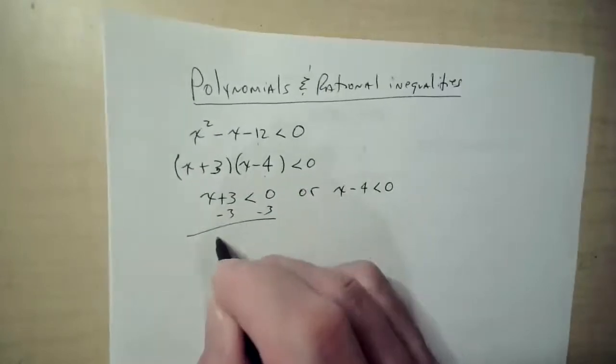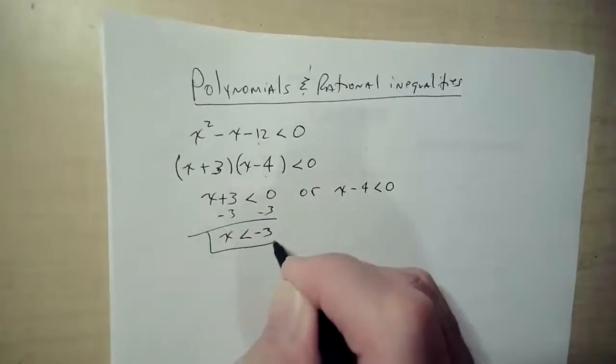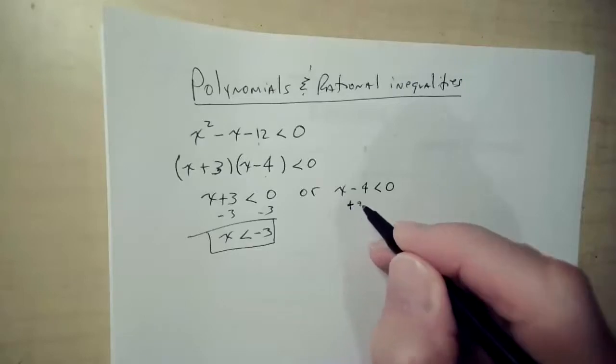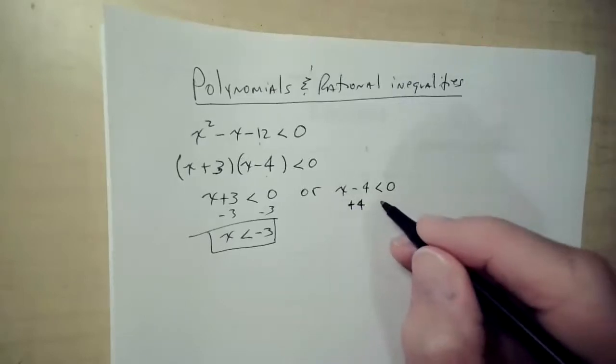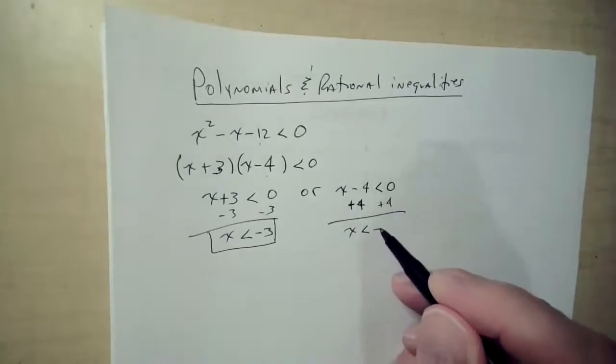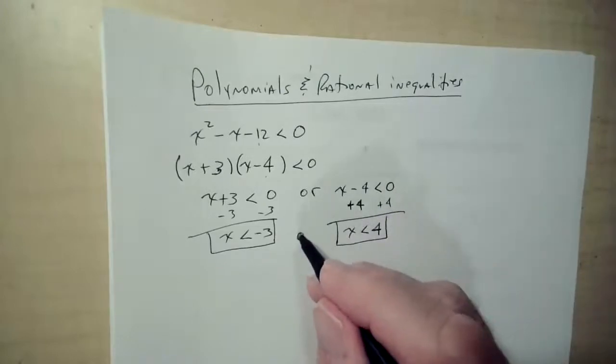So here we subtract 3 from each side. So x is less than -3. This one we add 4 to each side. So x is less than 4.